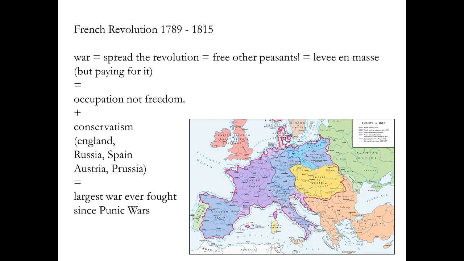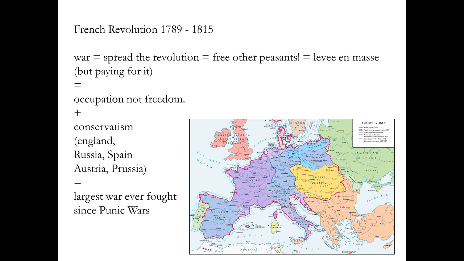So there's the occupation, not freedom. There's also conservatism. England, Russia, Spain, Austria, Prussia effectively don't want to change that much. They look in horror at what is happening in France. And the result is the largest wars fought certainly since 1648, maybe since the Punic Wars. Everyone is involved in this.